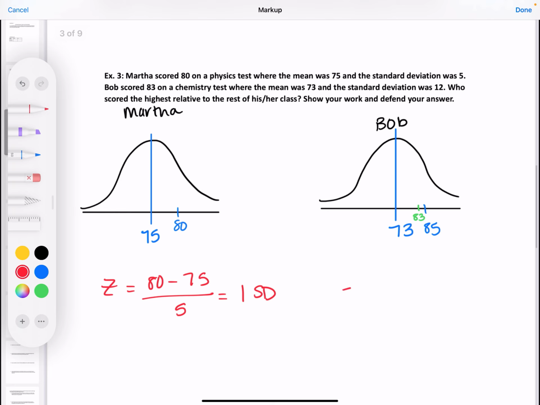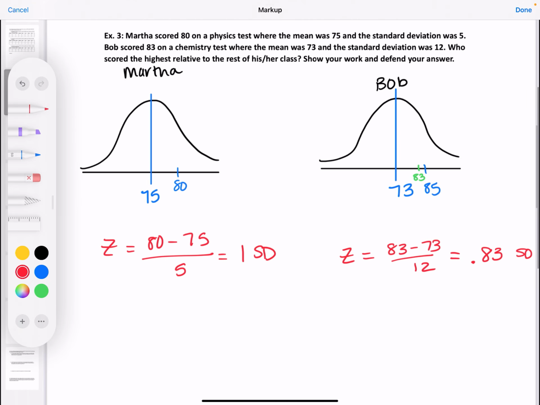And then what about the z for Bob? 83 minus 73 over 12. And what does that end up being? Which is what, in decimal? Yep. So, who did better relative to their class? Martha.